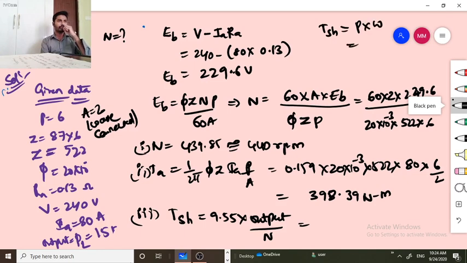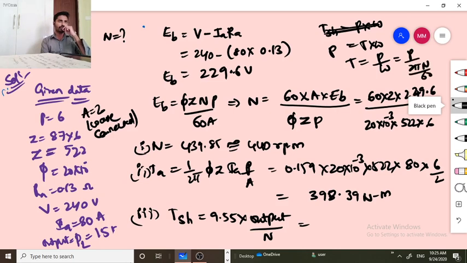Output power is nothing but the shaft power. Here omega is 2 pi N by 60.